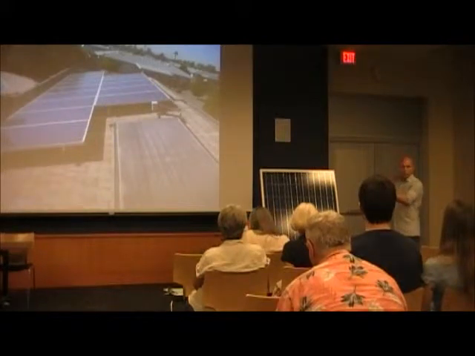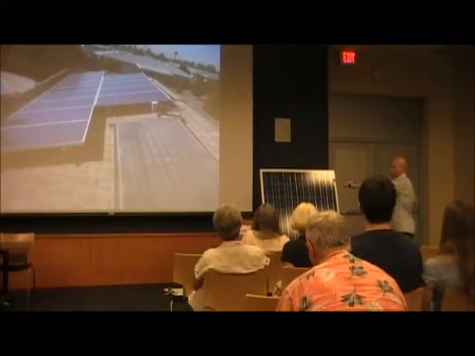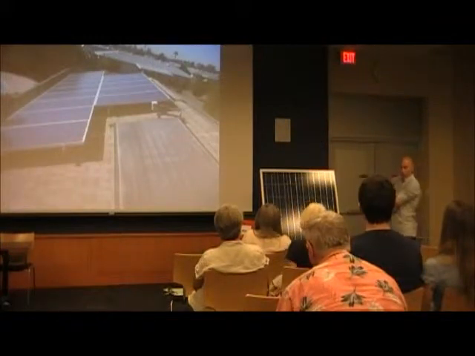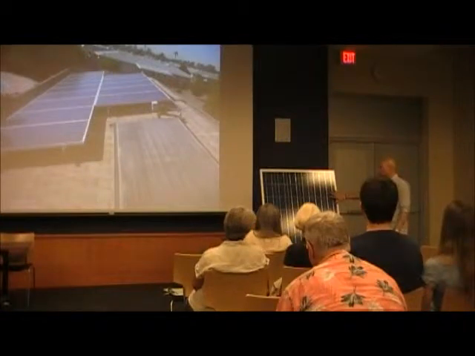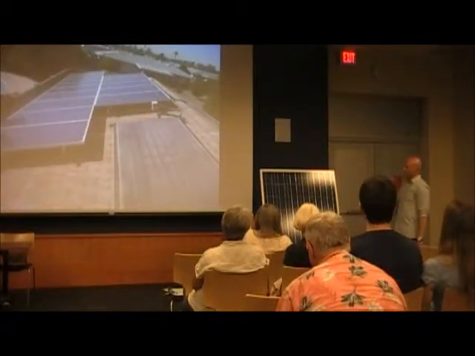So the installers have to know that if they're in strings, you put those numbers close together, because then they'll all be operating pretty close. Say these are 235 watt modules, and a lot of them are doing 238 or 234 or 230, but you had one doing 225, they'll all operate at 225.